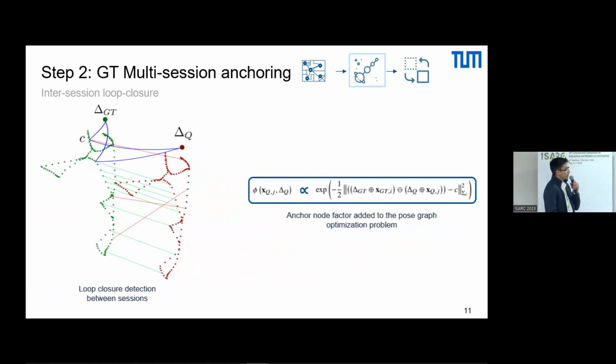This anchor node is proportional to this expression, which we want to minimize iteratively. After optimization, the anchor node of the query session, depicted here with delta Q, will give us the transformation of the query session that best aligns these scans with the ground session.